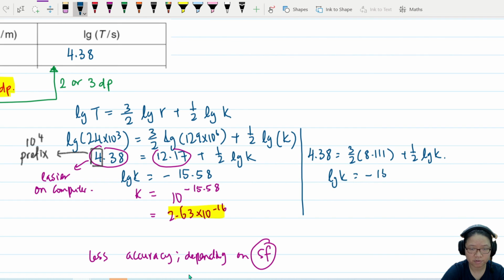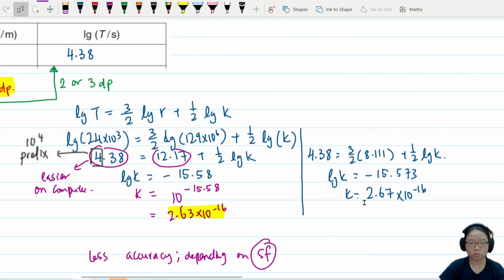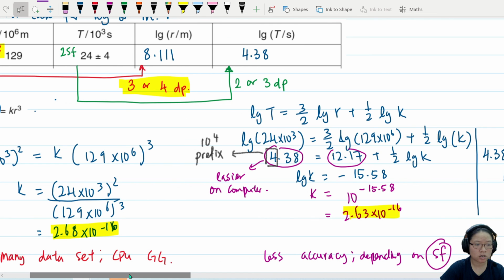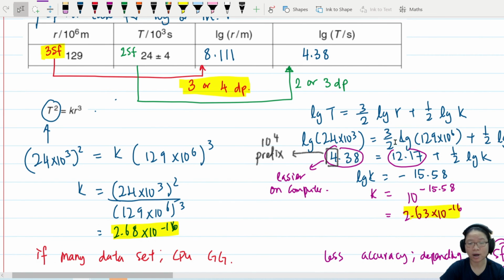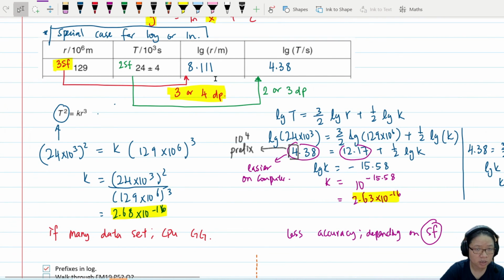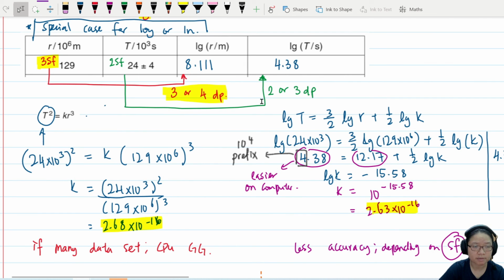This will be negative 15.573. Okay, so 10 to the power of the answer. This K will be 2.673 or 2.67 times 10 to the power of negative 16. 2.67 is closer to 2.68. So this is why for log it matters that we take, instead of the SF, the DP.